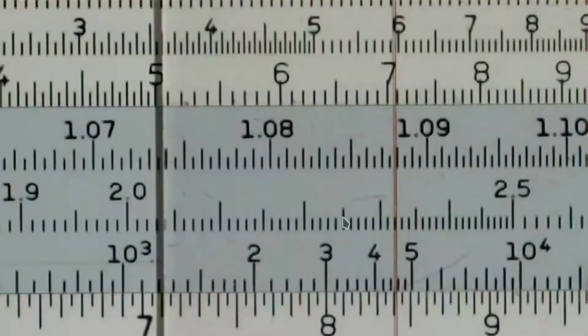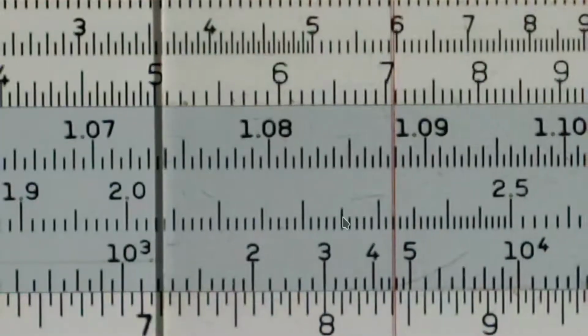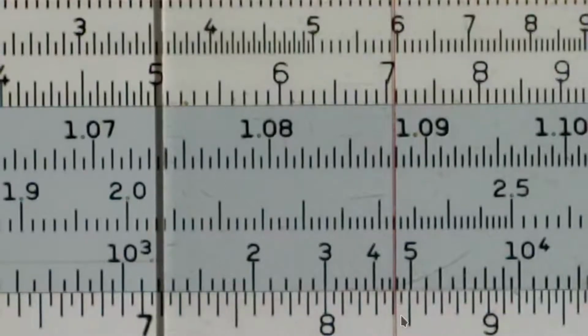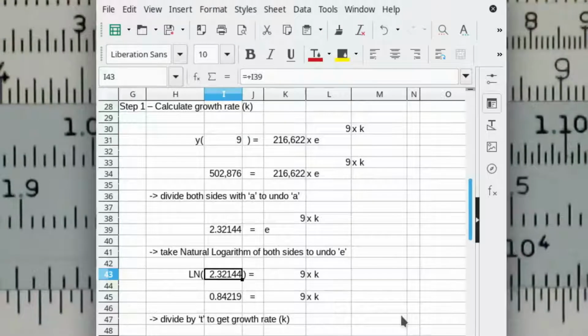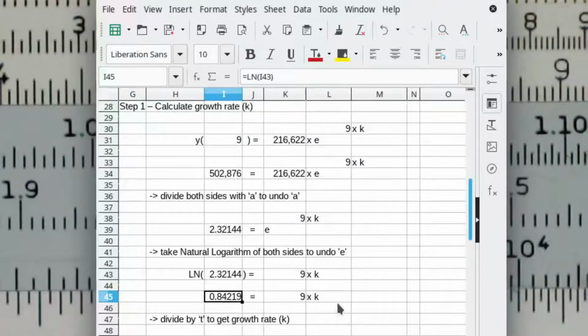Well, that's just a whisker to the right of that mark. So that's 2.321, and we look down then on the wide scale, and we see something around 8.5, 8.4, 8.41, sort of there, and that's what we're getting here, 8.42. So that's reasonably close.